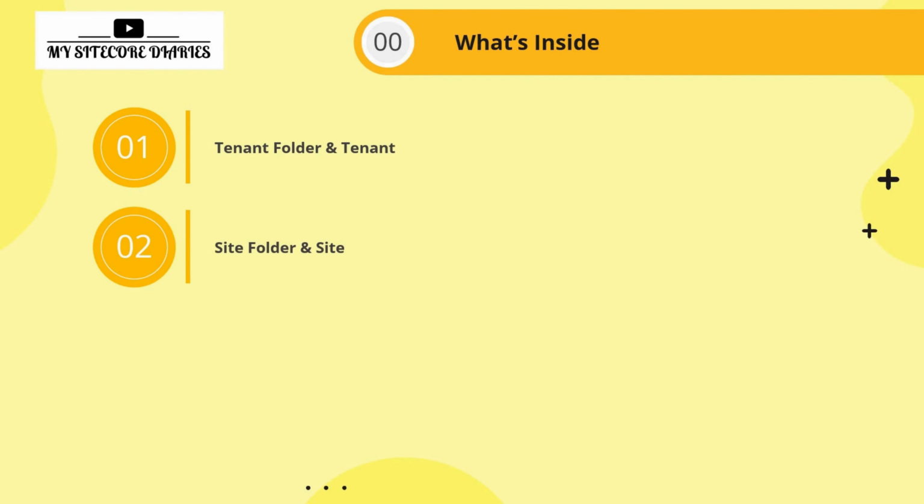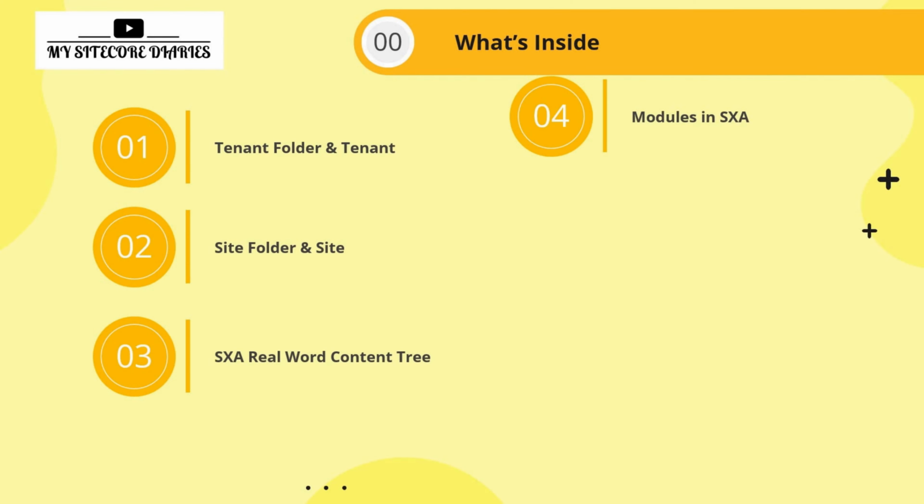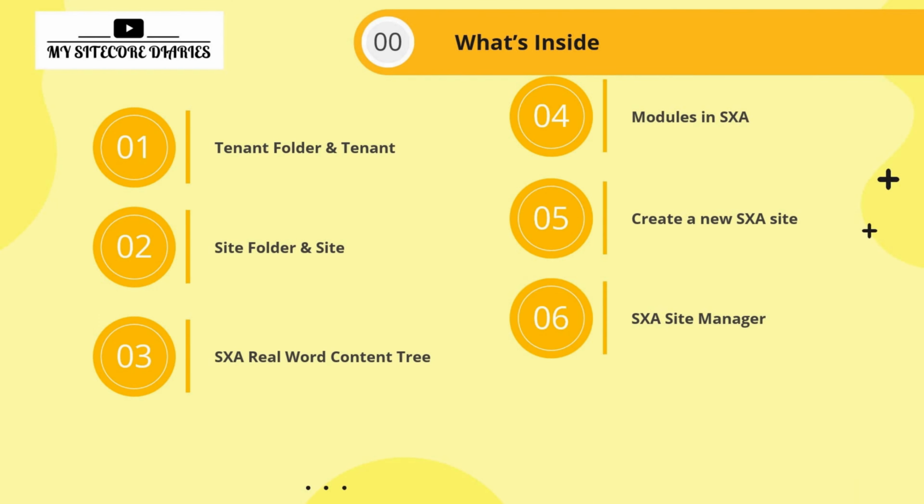Then we will see what is site and site folder. Then we will see a real world content tree example of SXA. Then we will see what are the modules in SXA. Then we will see how to create a new SXA site. Then we will discuss SXA Site Manager and the drag and drop pre-built features.